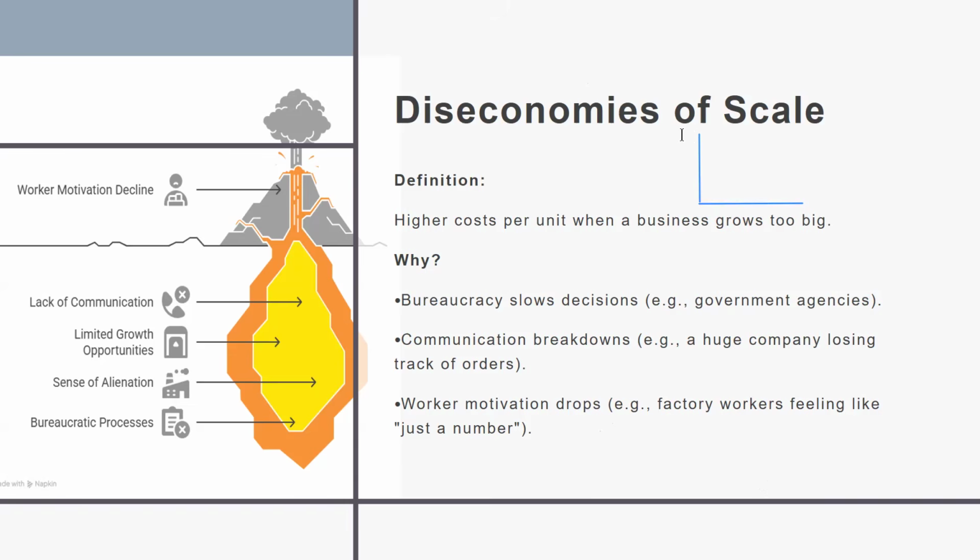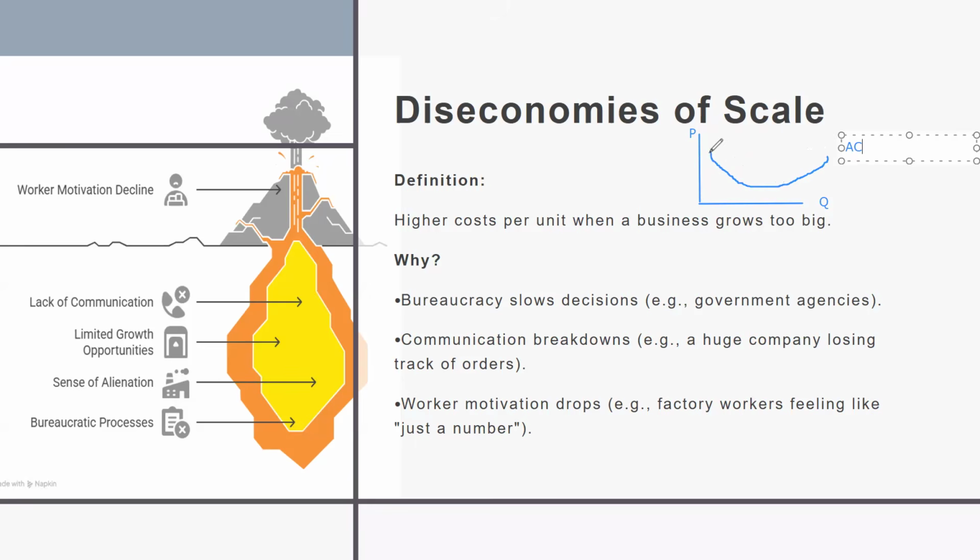So there's price, there's quantity. The average cost curve looks like this, like a U. Average cost.